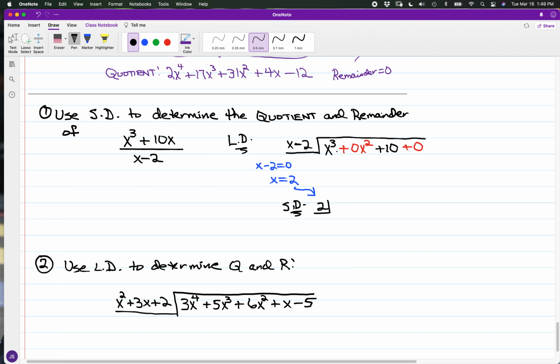For the coefficients, from x cubed I have 1. We have 0 for the missing x squared, and 10 for 10x, my bad, it should be 10 for 10x, and we have 0 for the missing constant.